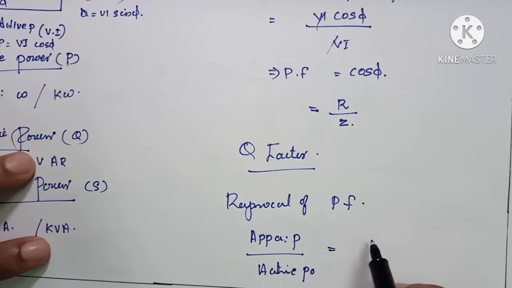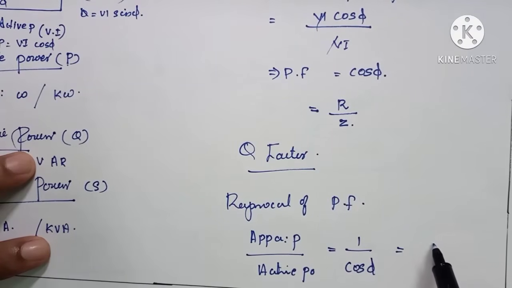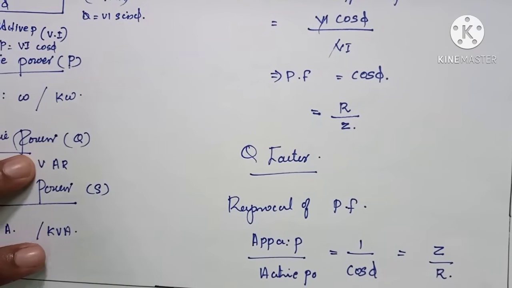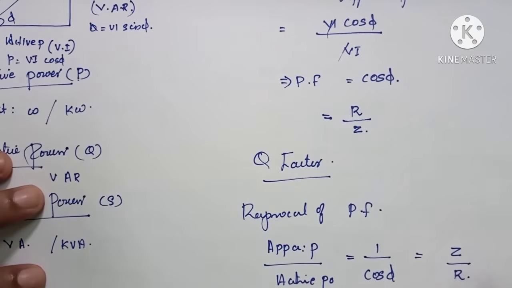And we will get 1 by cos phi. Okay, or otherwise we can write it as Z by R. R is very very small when compared with the inductive effect.